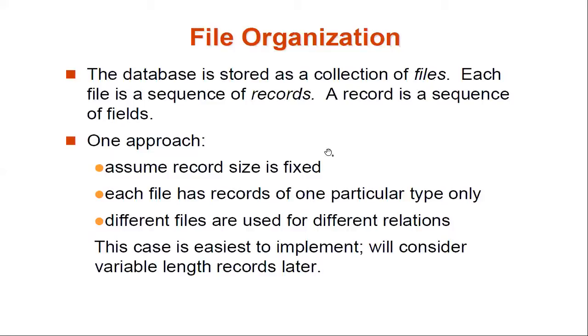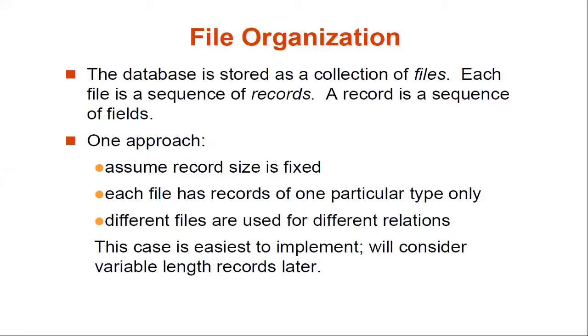So what are the approaches we have in file organization? The first approach is to assume the record size is fixed. Suppose you create a table where the data types and sizes of all the data are fixed, then you can have a fixed record.